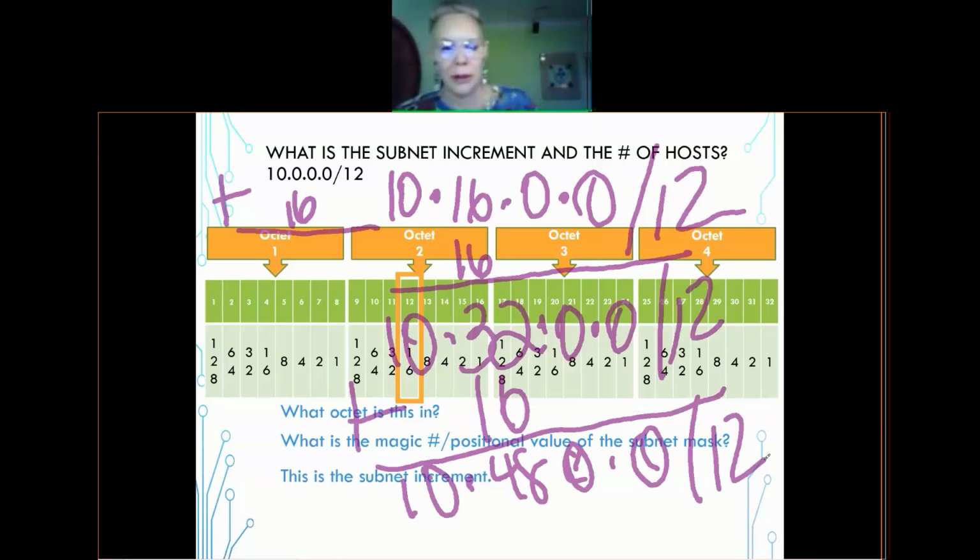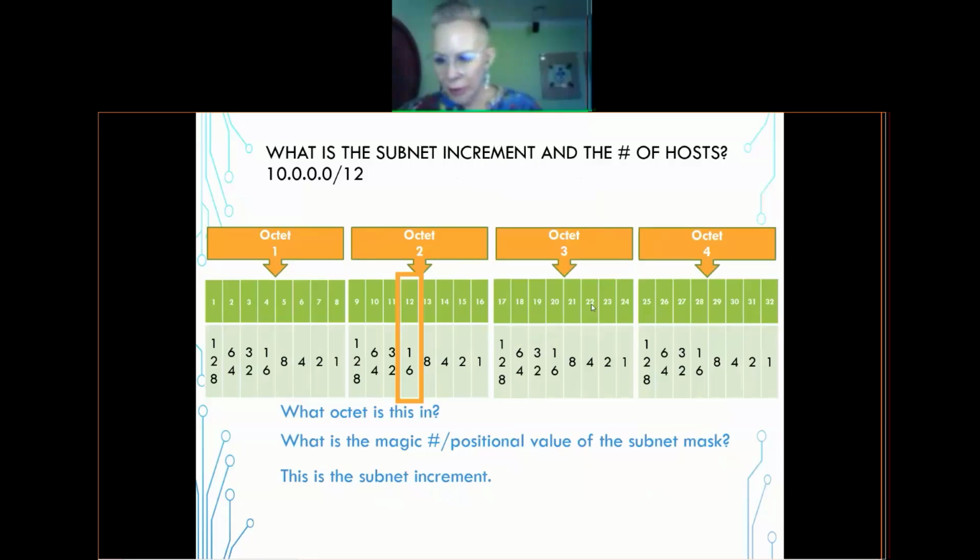Okay, so how many host bits do I have? 20 host bits. How many usable does that give me? It's a lot, right? What would the math be for this? What do I do to get the math if we're not using a calculator and we don't have our little table?